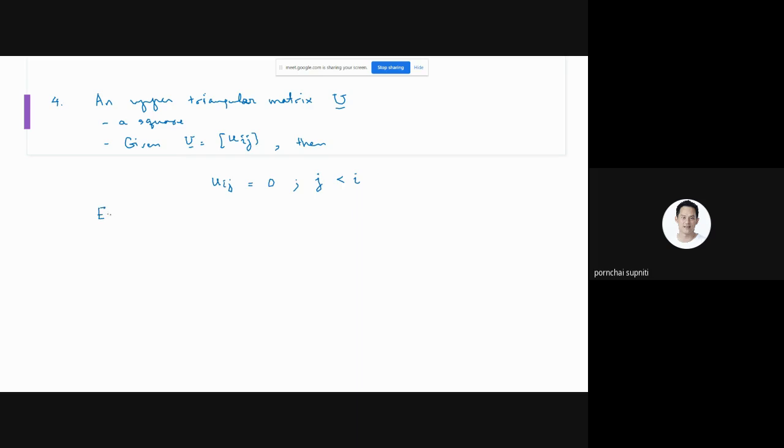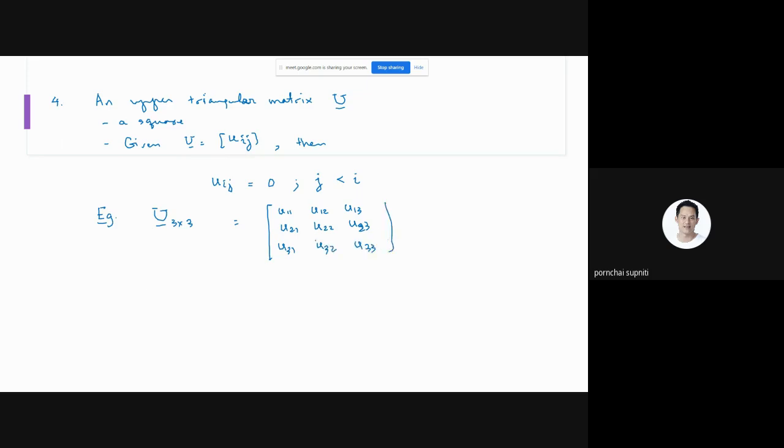For example, if I look at U of size 3 by 3, then I have U11, U12, U13, U21, U22, U23, U31, U32, and U33.